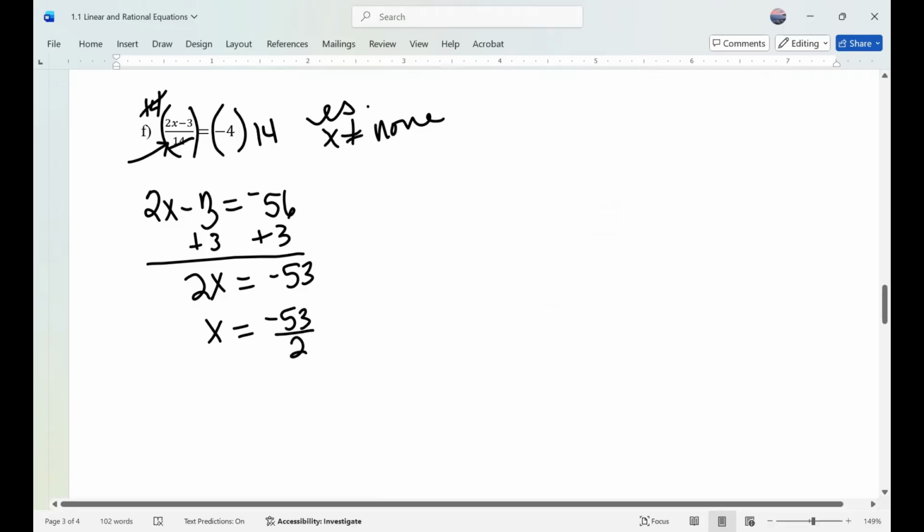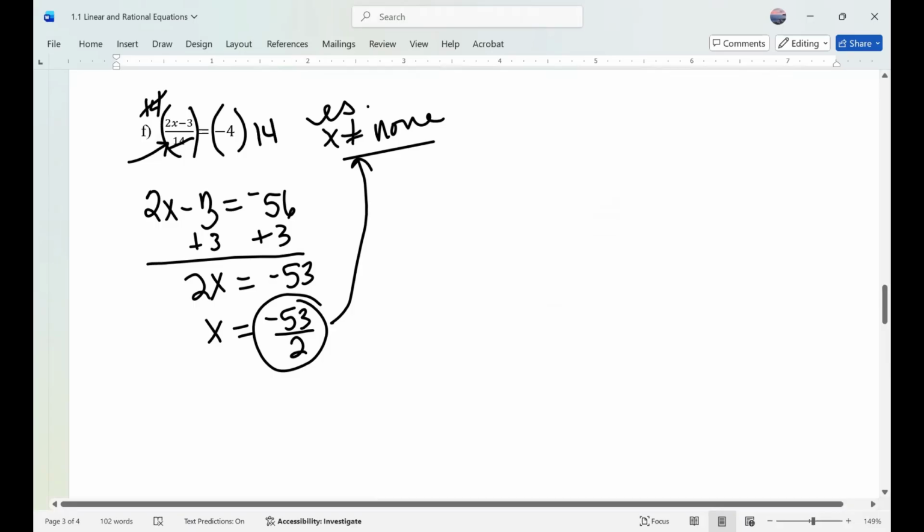Now, normally at the end of every fraction equation, you need to go check with your extraneous. But because we had no extraneous solutions, -53 over 2 ends up being our answer. If you don't list your extraneous down, then you need to check your answers back in the original equation.